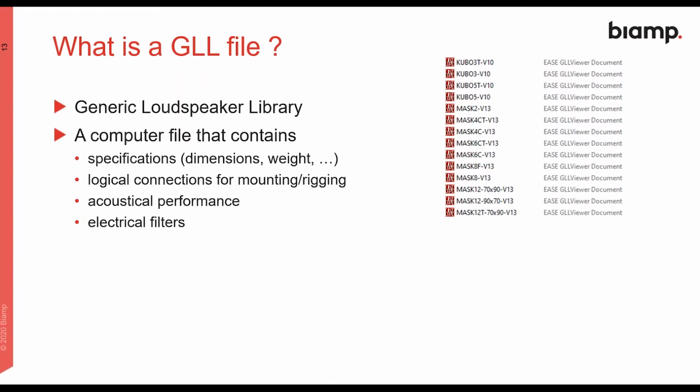It also includes logical connections for mounting and rigging of the product so that it can be installed virtually, if you like, inside the software so that you can move the loudspeaker in all planes to get the best performance out of it. But importantly, it includes the acoustical performance, so how it responds when you apply a certain signal to the loudspeaker and what audio beam it produces out of it.